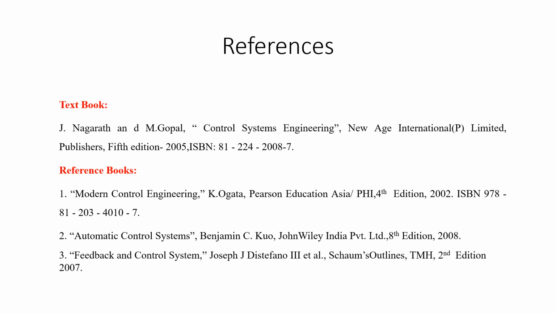Now coming to the last part, here the reference books are listed. In this module we have discussed various important concepts. Let me give a brief content of module 2, because we have come to the end of the module.